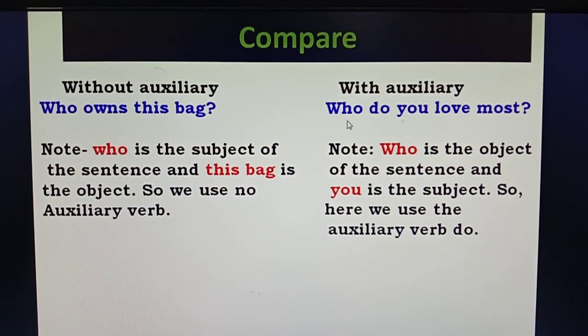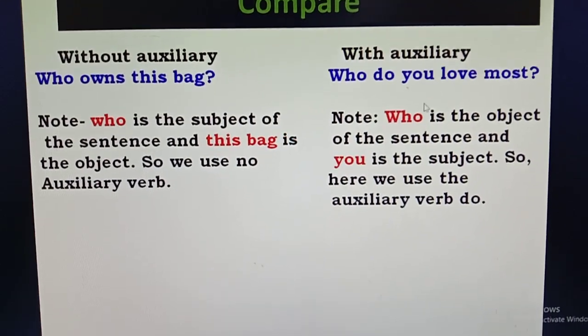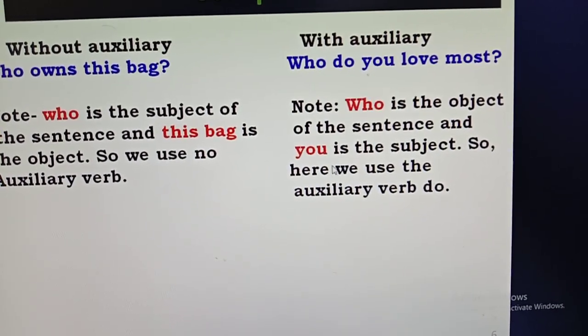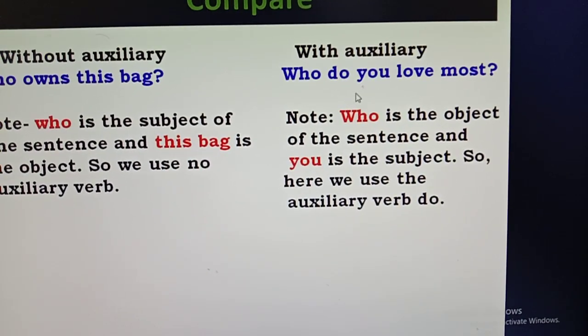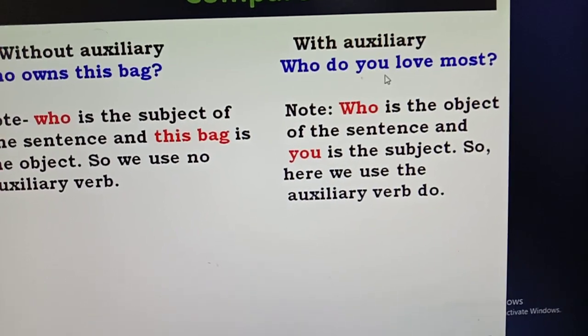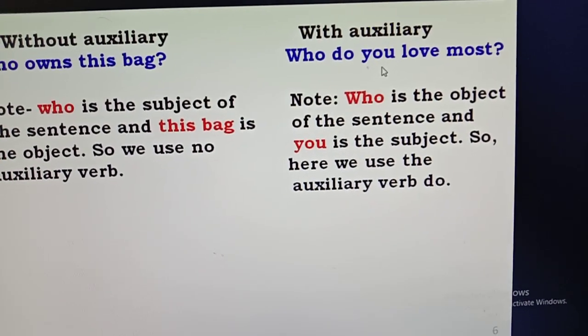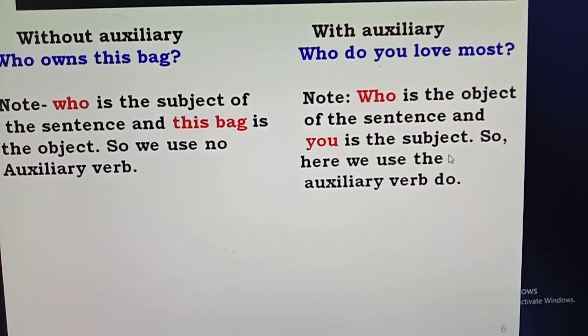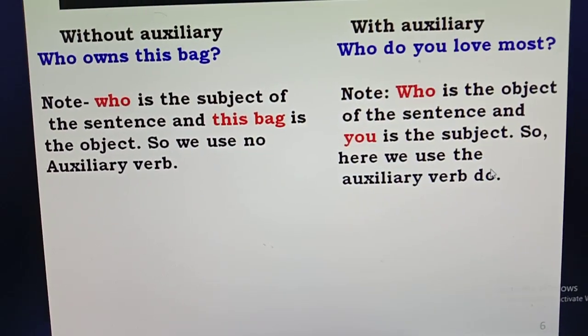Okay, then this is with auxiliary verb. Okay, so who do you love most? So you can see who is the object of the sentence and you is the subject. So you can see that who do you love most, I am talking about you, that's why you is the subject here, who is not the subject. Okay, so who is the object and you is the subject, so here we use the auxiliary verb do.